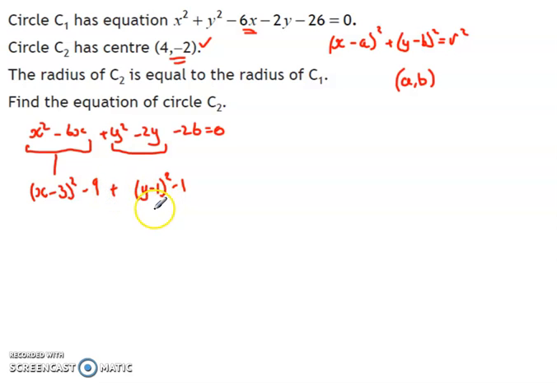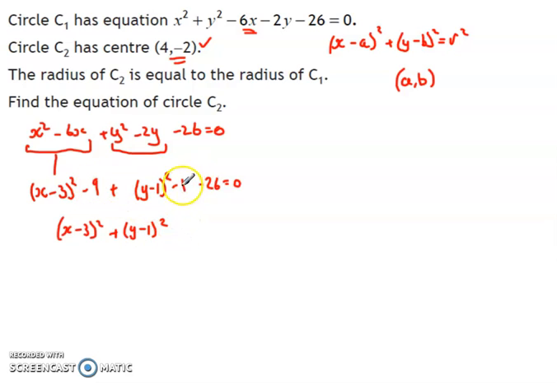I know I'm adding the two of them together, and I still have this extra minus 26, all of that equal to 0. So to get it in this format here, all I do is keep my two brackets and shift every single constant across to the right. So I end up with x minus 3 squared plus y minus 1 squared.